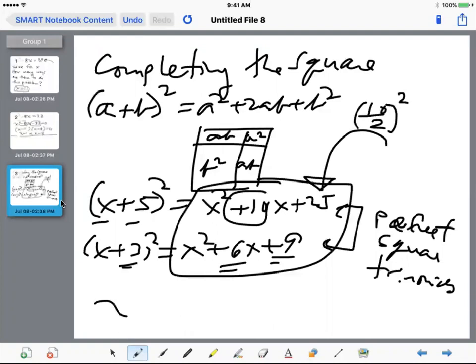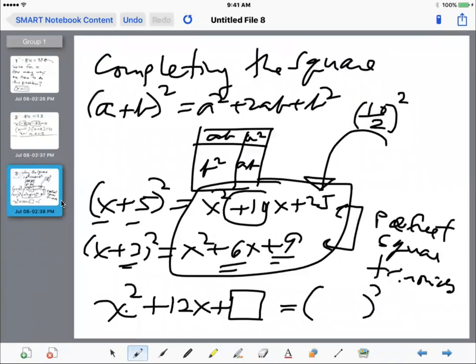And if I showed you the first two terms of a perfect square trinomial and asked you what should go in the box, what would you say? So if I say this is equal to something squared, what would go in the first box? What would go in the second box?